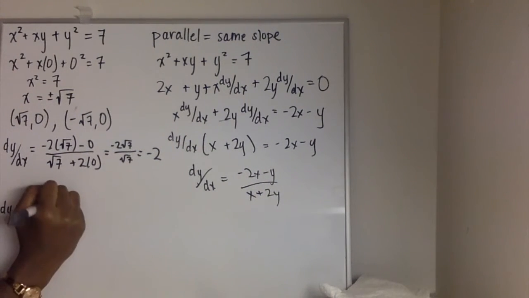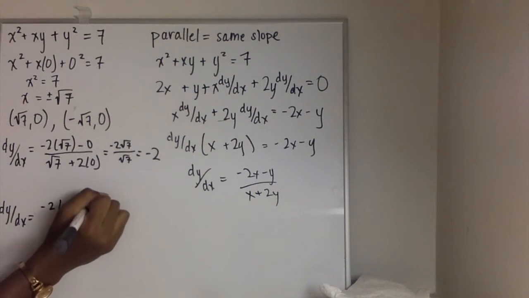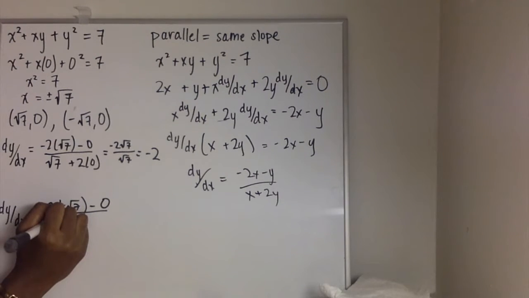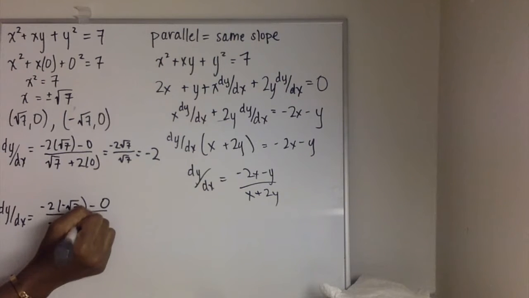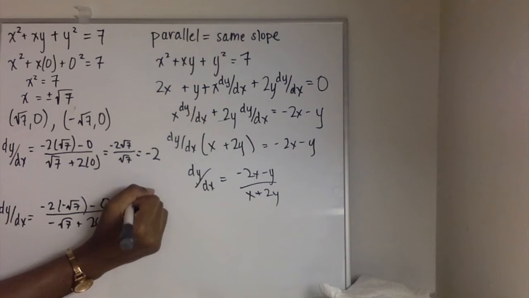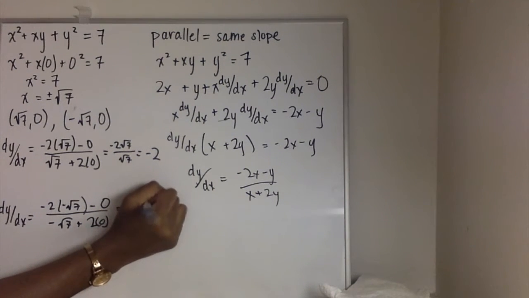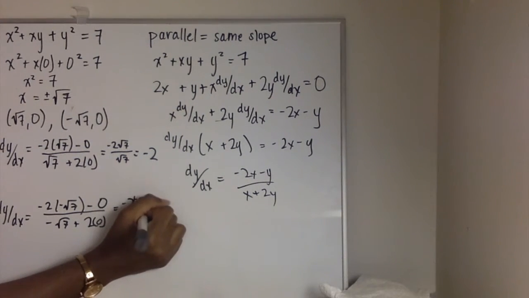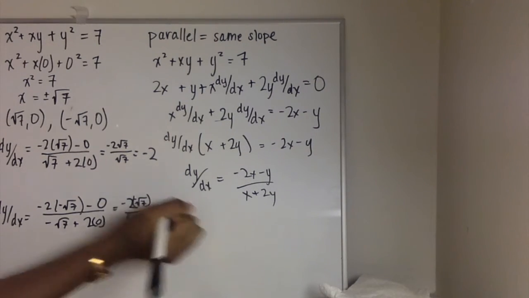Now we're going to have negative 2 times negative radical 7 minus 0 over negative radical 7 plus 2 times 0, which equals negative 2 times negative radical 7 over negative radical 7, which simplifies to negative 2.